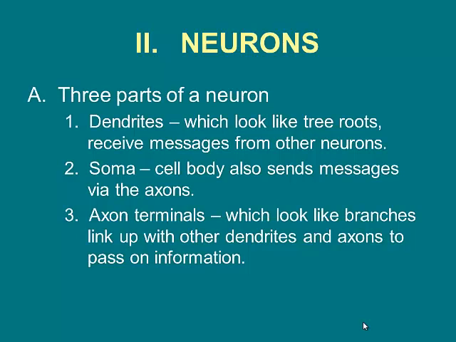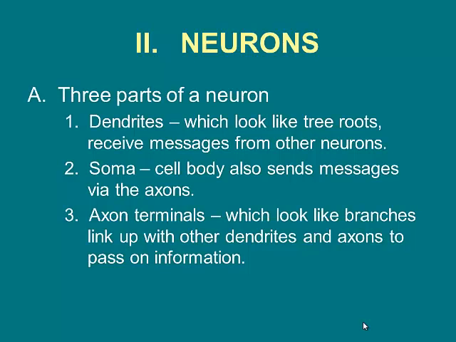So if my left arm was a dendrite, here are the tree roots that extend out like that. The soma, which would be my chest, is the cell body, and it also sends messages via the axons.